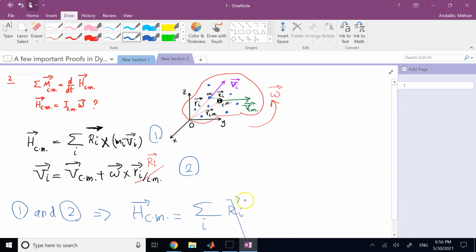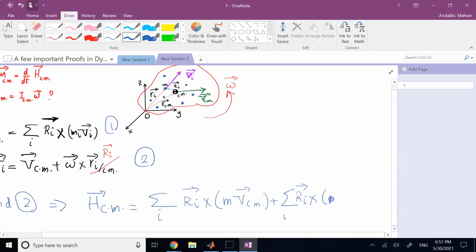So this is Ri cross M VCM plus summation over I of Ri cross Mi omega cross Ri. True? That's the replacement.